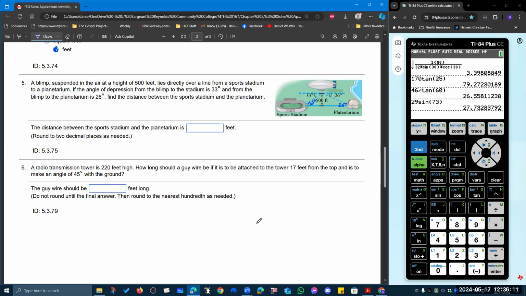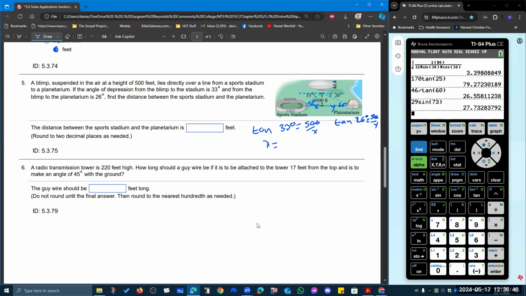So we have tangent of 33 degrees is equal to 500 over x, and tangent of 26 degrees is equal to 500 over y.